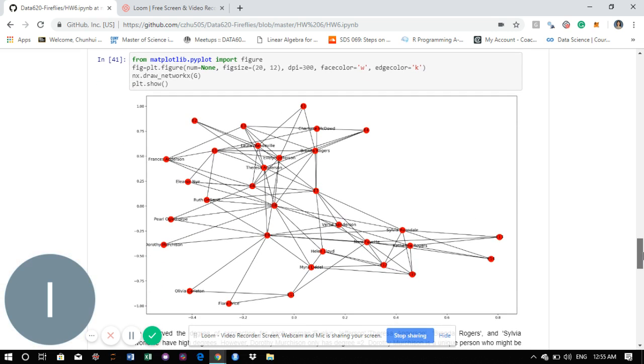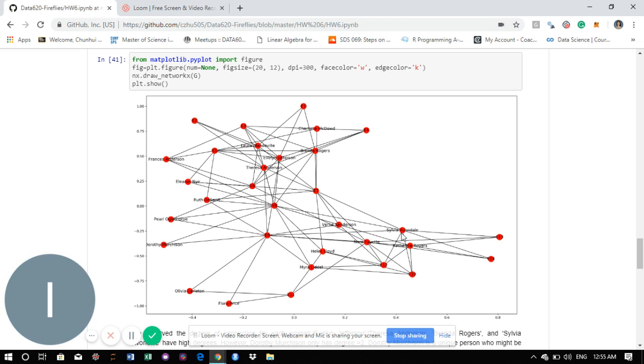We're using matplotlib to show these network connections and also the events. We can see that Evelyn, Teresa, and Rogers seem pretty close on one side, and on the other side is Sylvia. She's also an active person, but she seems a little bit far from Evelyn and Teresa.